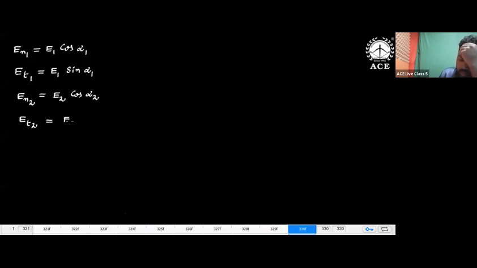ET2 is equal to E2 into sin alpha 2. So I have resolved into the tangential and normal components. So use the appropriate boundary conditions. What are the boundary conditions we have? ET2 is equal to ET1. What is ET2? E2 sin alpha 2 is equal to E1 sin alpha 1. Let me call this equation number 1.